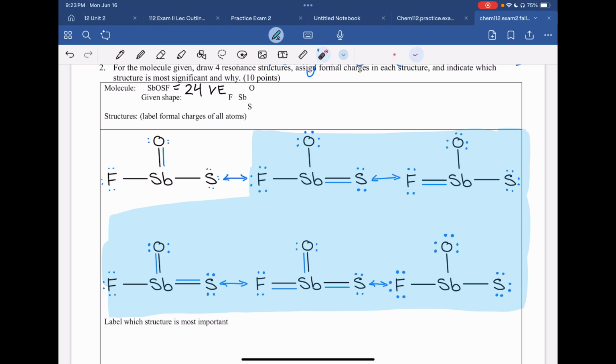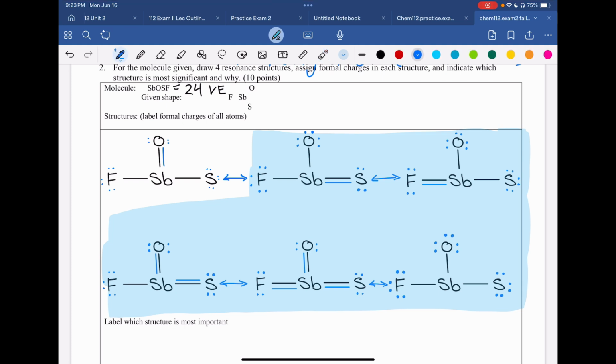So I'm going to point out this one, right? Antimony doesn't follow the octet, but all of the other ones do. So you can see antimony has 2, 4, 6, 8, 10, 12 electrons. Doesn't follow the octet, but we call this still resonance stabilized. Okay, but only one. Just have only one atom not follow the octet, and it still works.